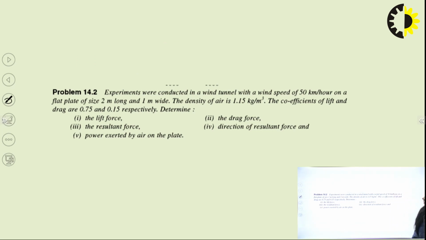Now the second question: experiments were conducted in a wind tunnel with a wind speed of 50 km per hour on a flat plate of size 2 meter long and 1 meter wide.